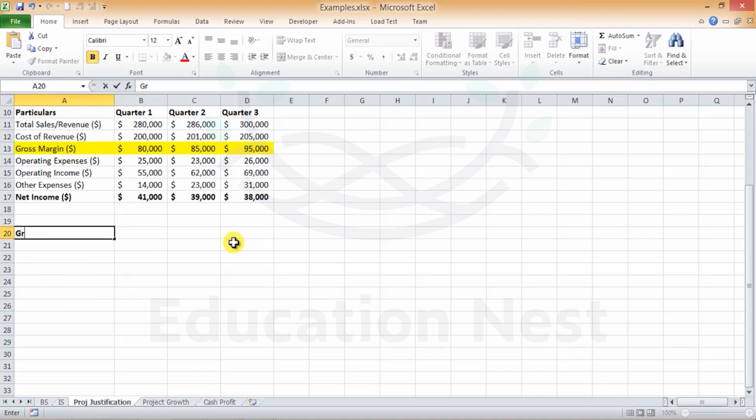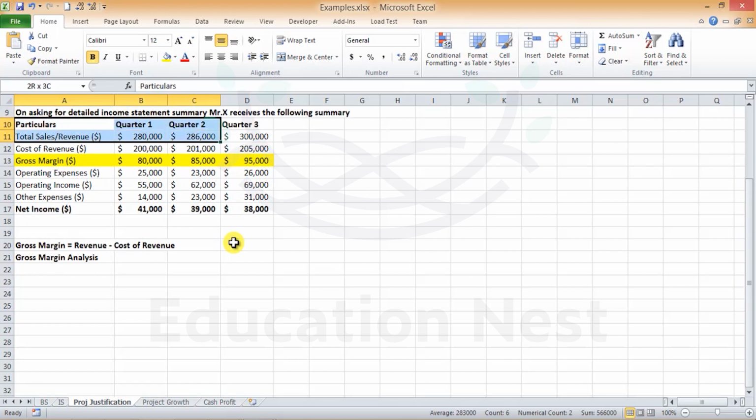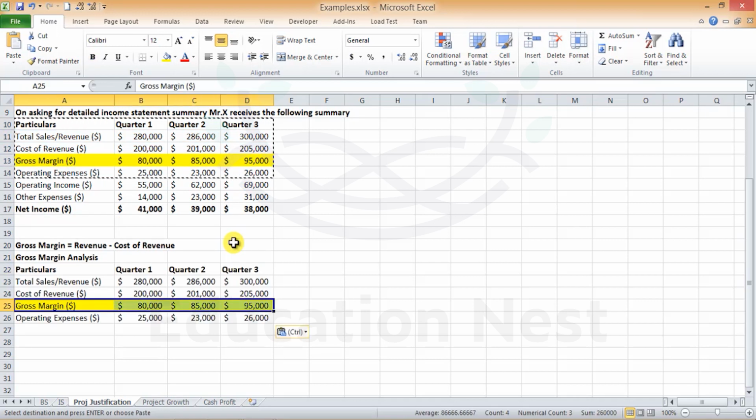First of all, let me write down the formula over here for you. Gross margin equals revenue less cost of revenue. Okay. Now we're going to conduct a gross margin analysis. So this over here, we'll take the same format. Gross margin, and we did one more. Okay.